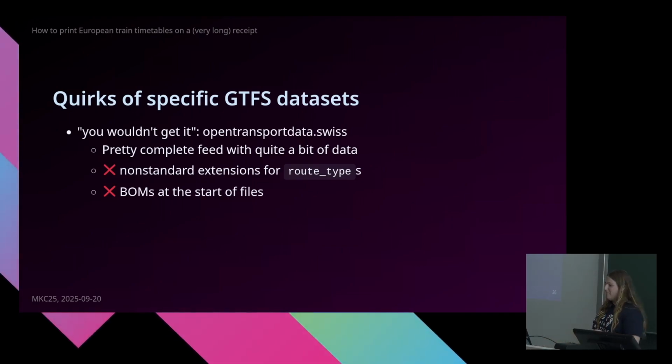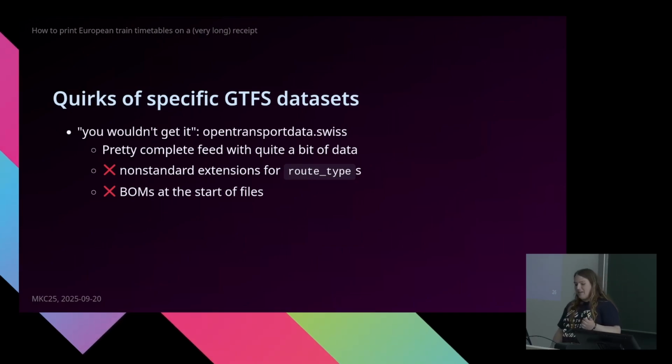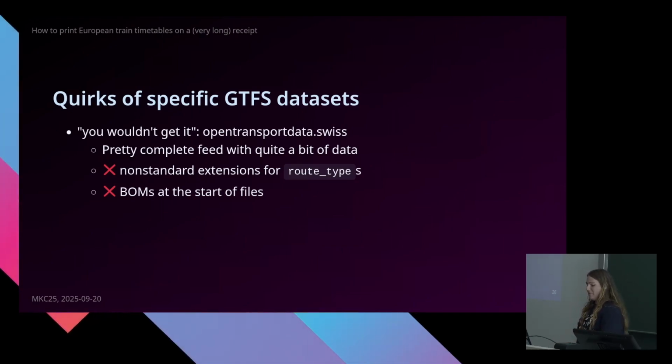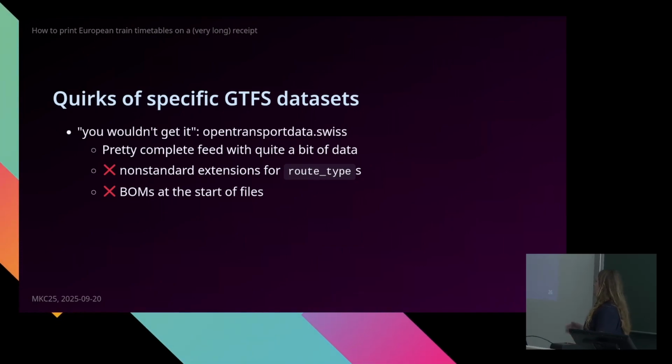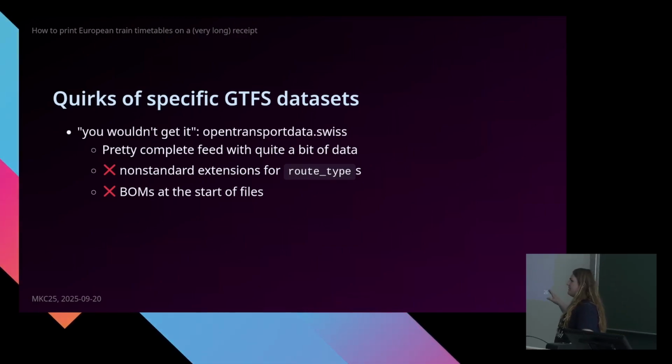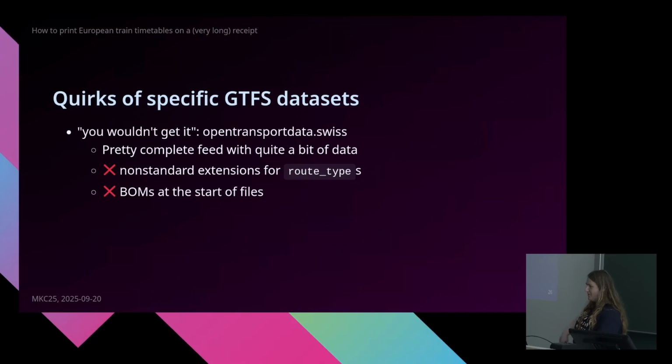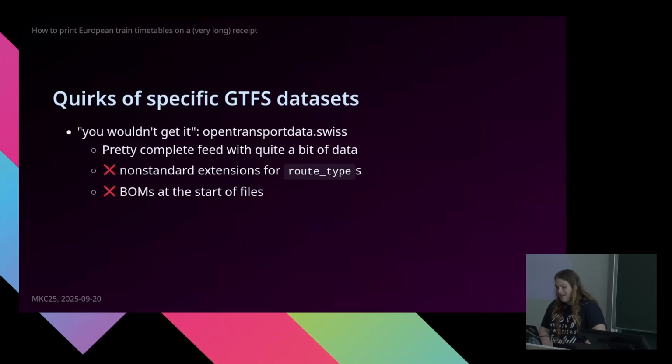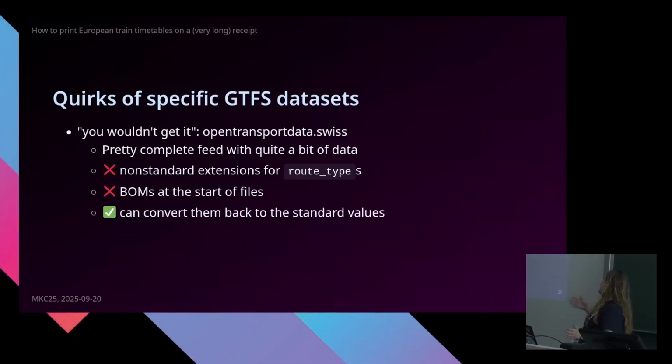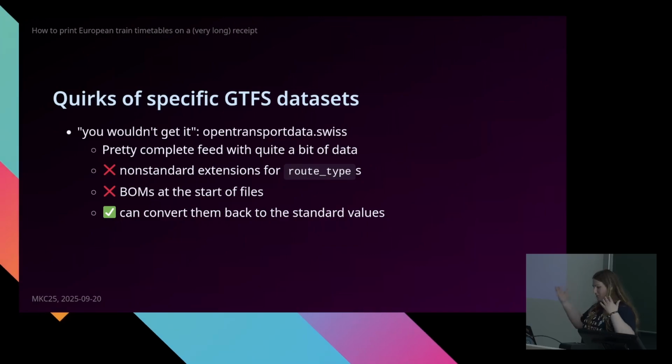They also have byte order marks at the start of their files, which I started writing the parser without taking into account. It was in the fine print of the spec that, oh wait, actually, the files can have byte order marks. You're going to need to deal with that. So the route types can be converted back to standard values, no biggie. No biggie, still have to rewrite the parser.